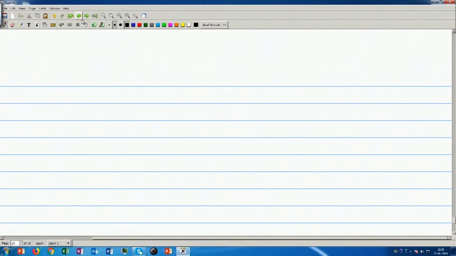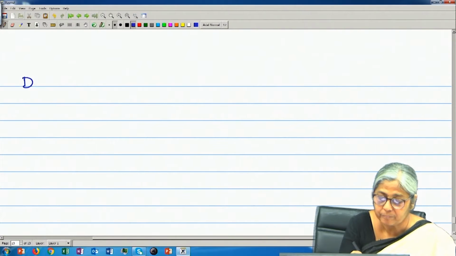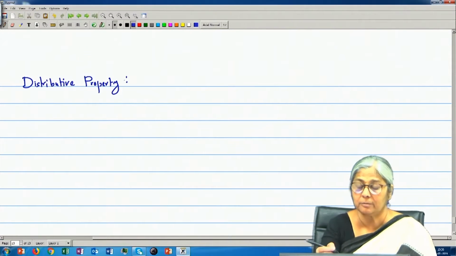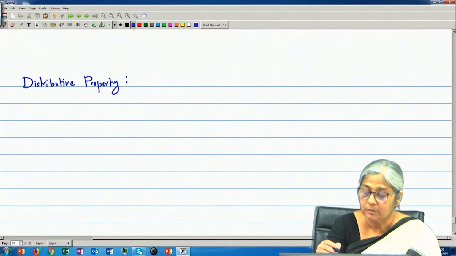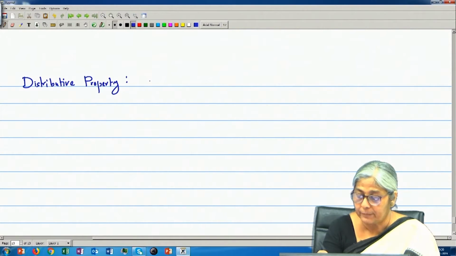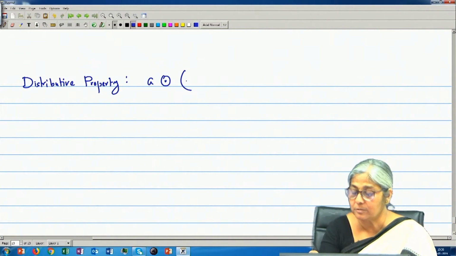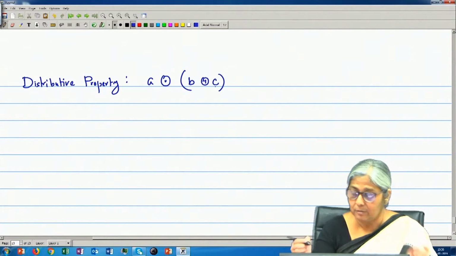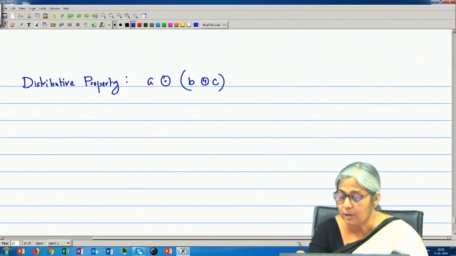Now, what are my distributive properties with respect to the addition and multiplication defined? Since multiplication is distributive over addition, where A, B, C belong to R, I can write A times (B plus C minus 1).